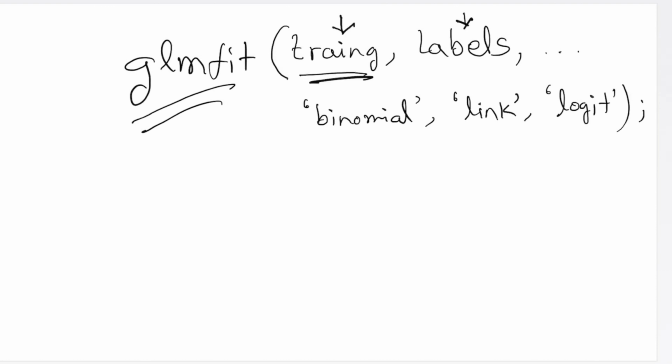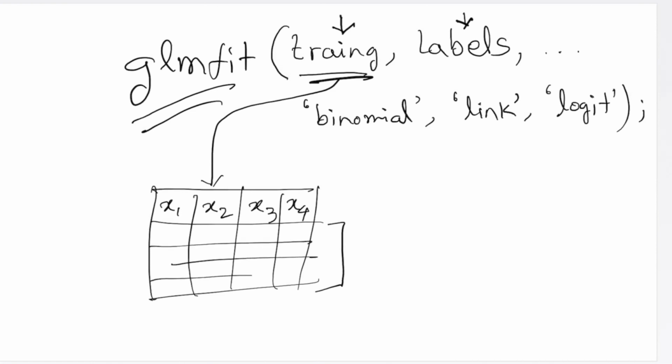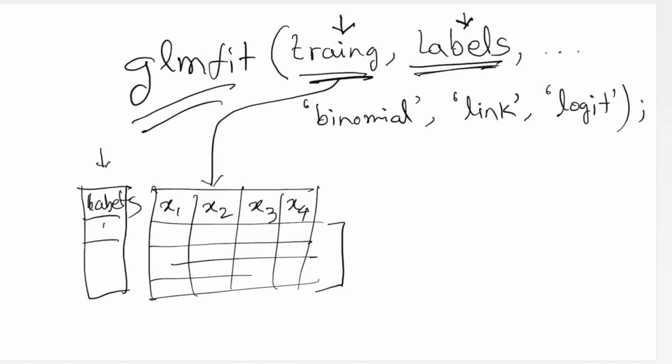This is particularly a matrix. The matrix contains all the independent variables, so the original data is here, and the labels are actually just one column. We will have either 1 or 0 against every row in this particular column.